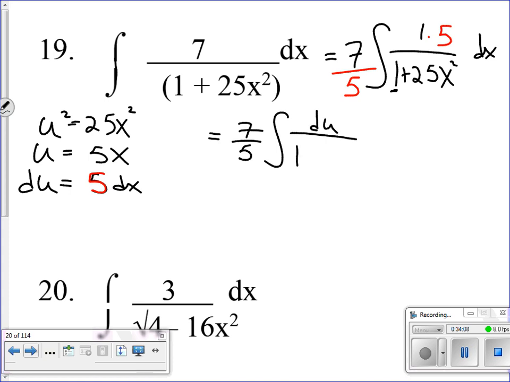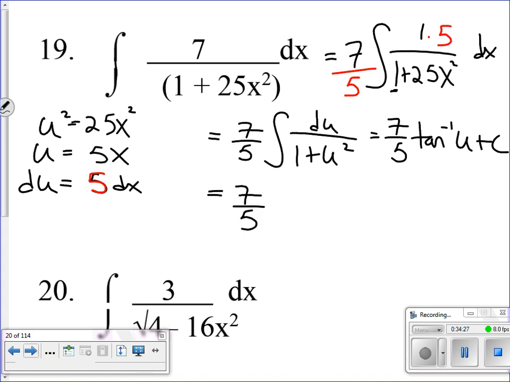The denominator is 1 plus u squared. So we rewrite the integral in terms of u and du. Then we actually get the antiderivative, which would be 7/5 inverse tan of u. Then you switch it back to x's: 7/5 times the inverse tan of 5x plus c.